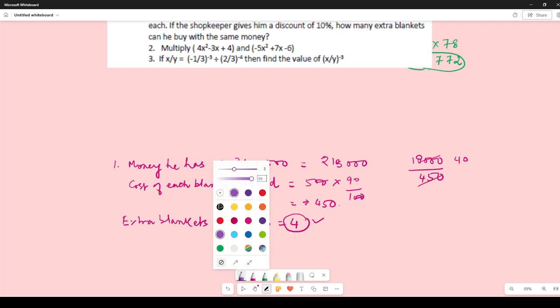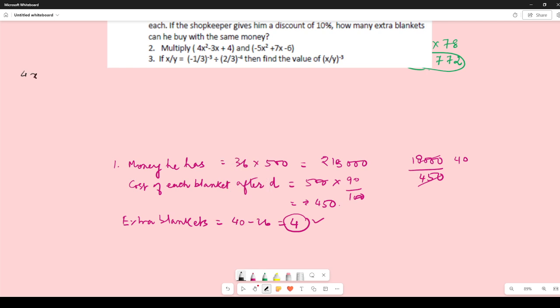So what are we supposed to multiply? 4x square should be multiplied with minus 5x square plus 7x minus 6.